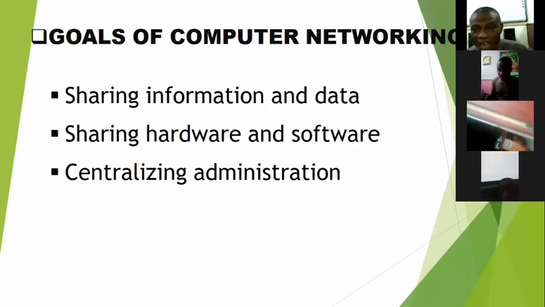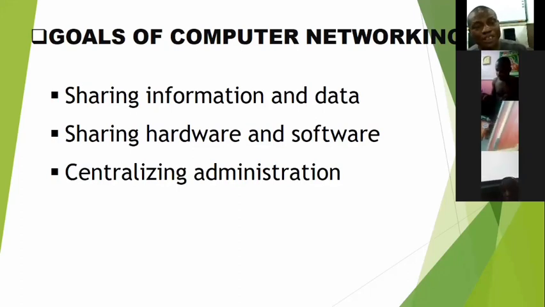All of them put together constitute information about you, but each entity is a data item, like your name, your age, your sex, each of them is a data item. So basically, sharing of information and data are the rationale for networking.